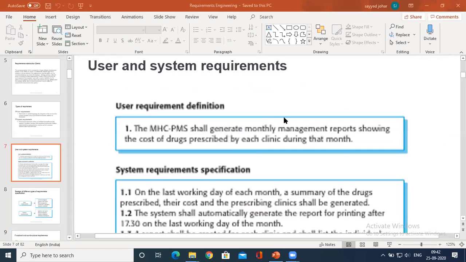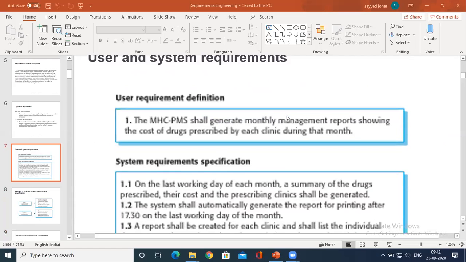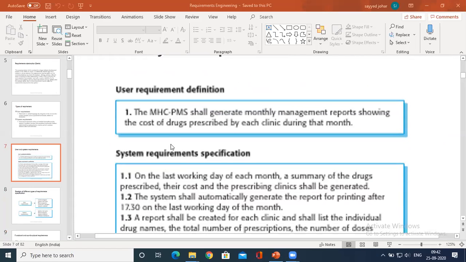Now we will elaborate what a user requirement is in the case of the insulin pump and what the system requirement is in the case of the insulin pump. Let us see what the user requirement is. In the second case study, the medical healthcare patient management system, it generates monthly management reports showing the cost of the drugs prescribed by each clinic during that particular month.